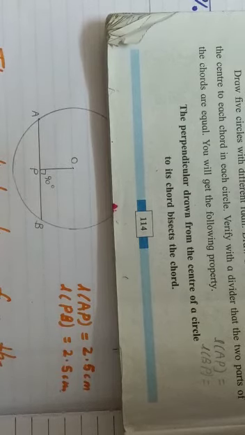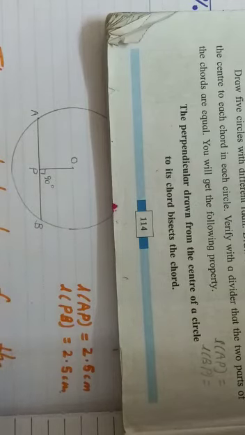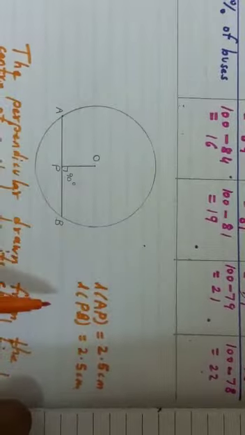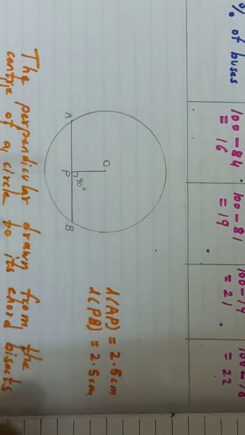Bisects the chord means it divides the chord into two equal parts. That is, the length of AP and the length of PB are both equal. This way you have to understand the property of the circle.